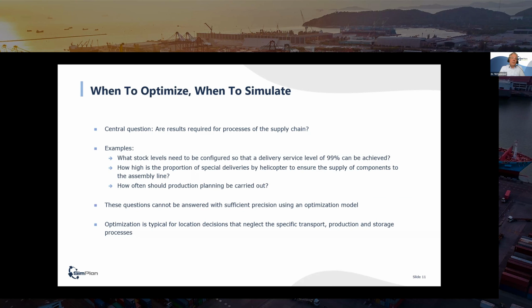Or in case of production planning, which type of production planning needs to be done in the network to ensure that you always have a product on stock. So these questions are not sufficiently answered by using an optimization model. And as previously mentioned, GFA and network optimization can only be utilized to solve location problems.